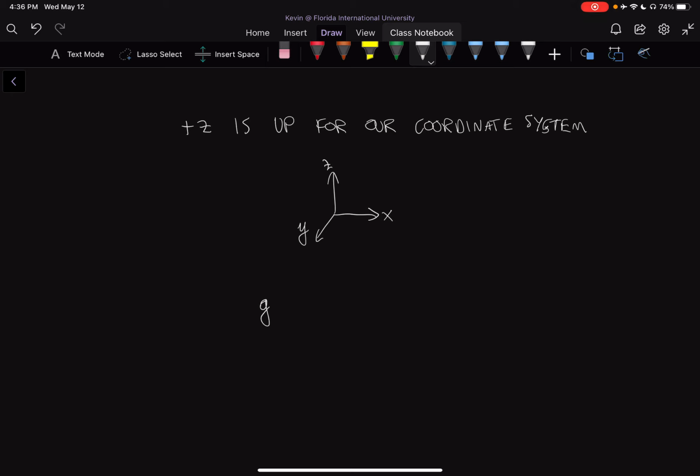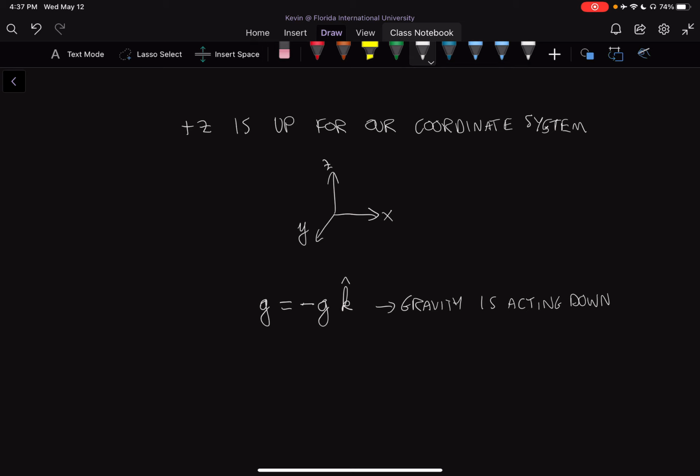So our gravity vector is going to be minus g in the k hat direction. The way we write i, j, k is that k is equivalent to z. The reason why we write this is because gravity is acting down.